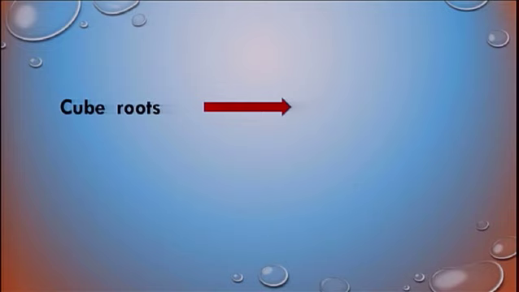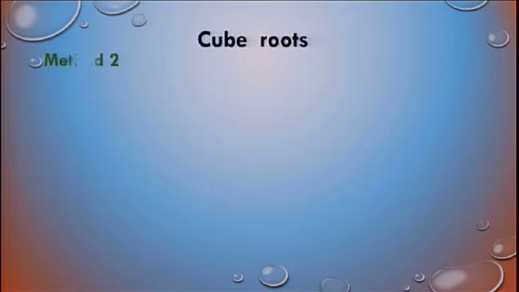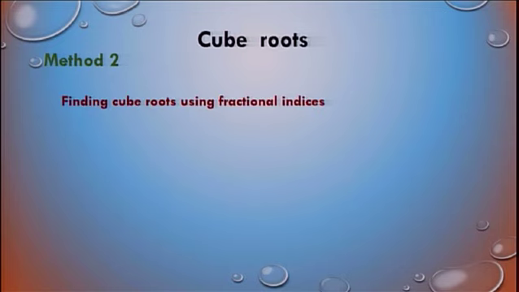Now we're going to write cube roots as indices. So cube root of A is same as A to the power of 1/3. We're going to call this method 2, finding cube roots using fractional indices. Cube root of 8.